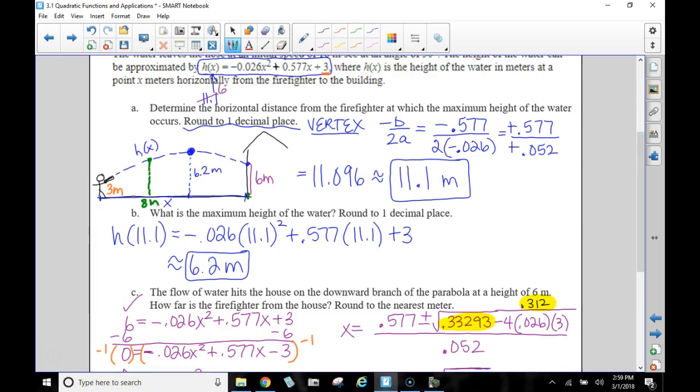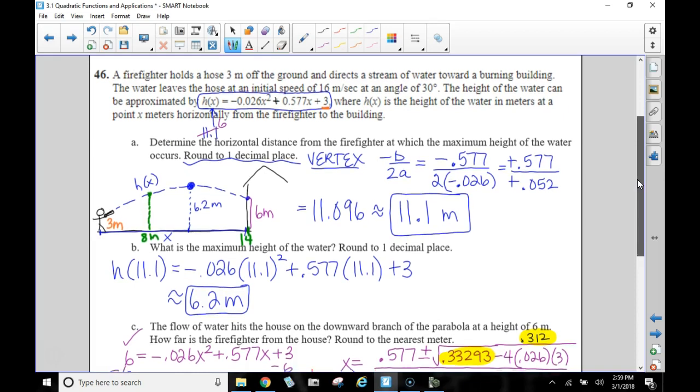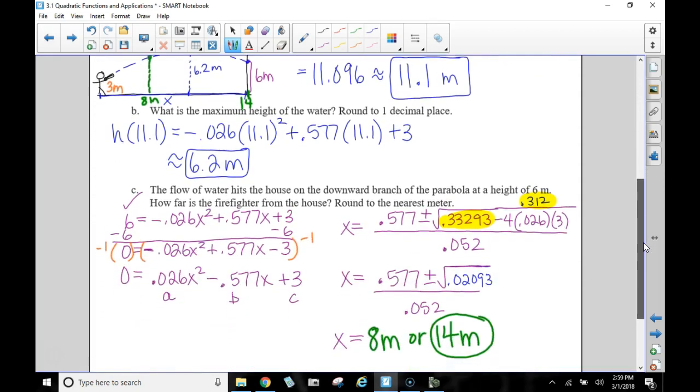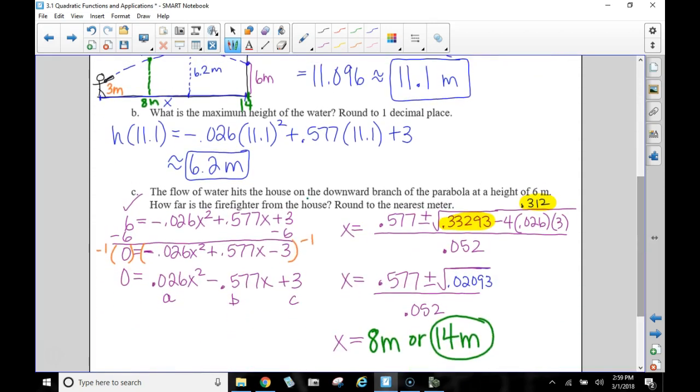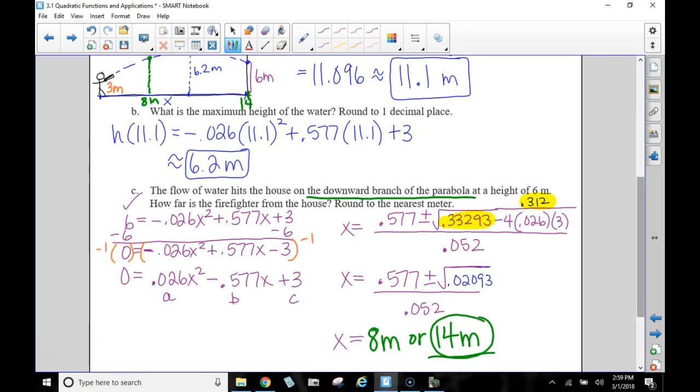The second one is when it hits the house, because it said it hits the house on the downward stream. It said, on the downward branch of the parabola. So that's how I know it is the 14 meters, instead of the upward branch of the parabola, which would have been the 8.